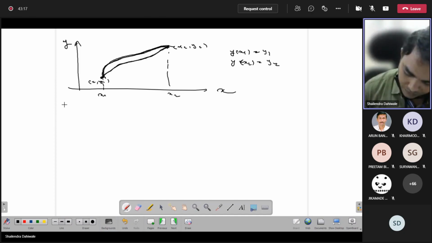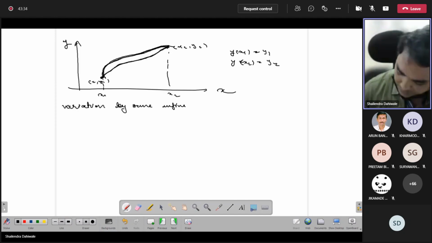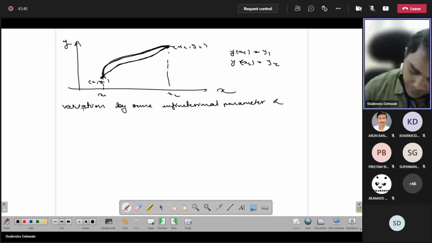So let's take the variation by some infinitesimal parameter alpha. So this is my y equal to y of x.